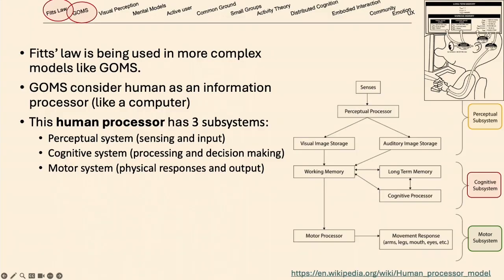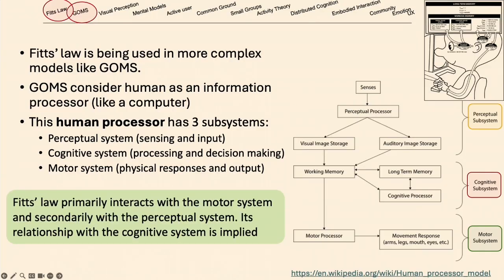So the term is human processor. Like a computer, it has three subsystems: the perceptual system, like our vision and auditory, the cognitive system, decision making, and the motor system, hands, arms.